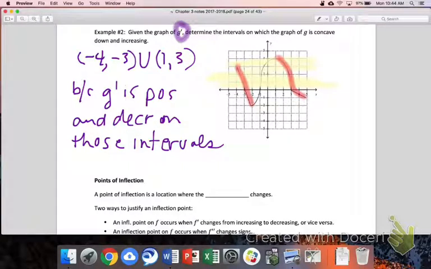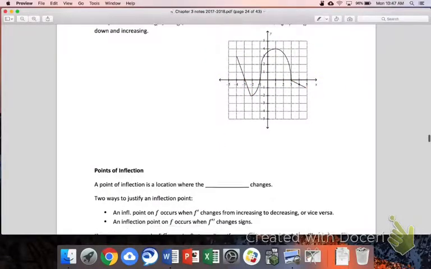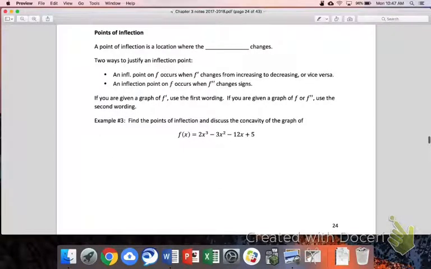Let's remind ourselves, we talked about this in the past. I think maybe this was in the video. A point of inflection is a location where the blank changes. Any ideas? Okay. A point of inflection is a place where concavity changes.